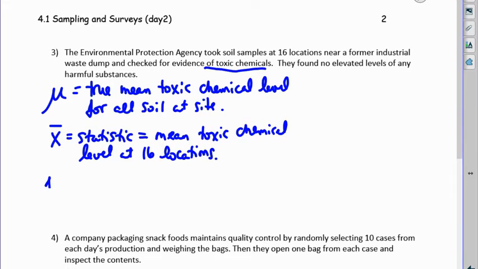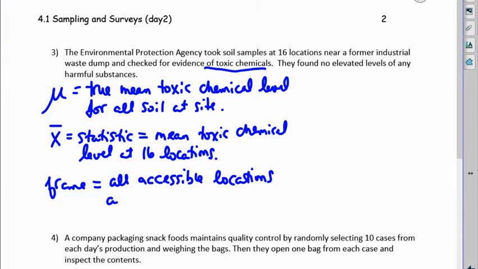Our frame, our sampling frame, will be all accessible locations around the site, because some of the sites might not be accessible.